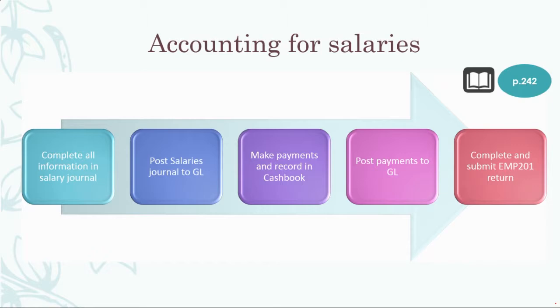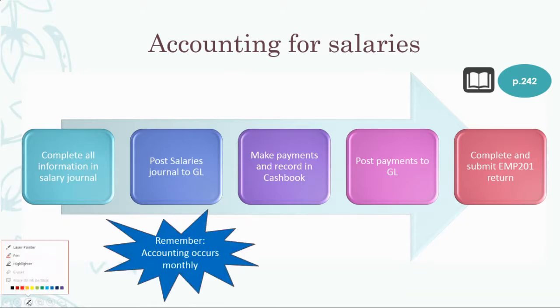But now the employer needs to make payments of those amounts to the individual employees. So now we have to record the payments in our cash book. Those payments that are recorded in the cash book then get transferred to our general ledger again. So we take this general ledger here and this one here.